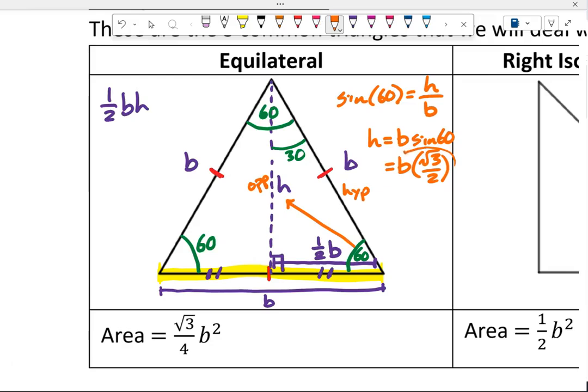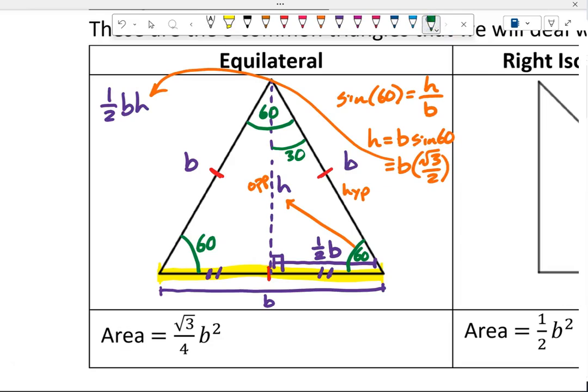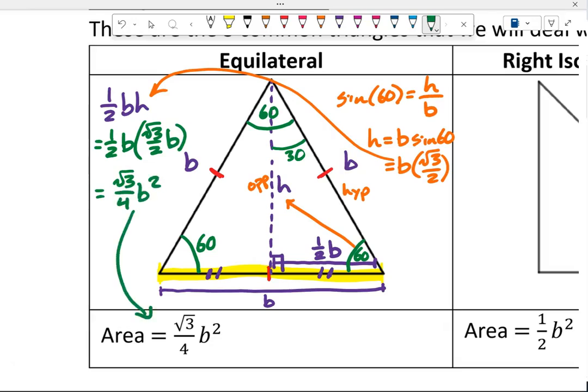So I am going to go ahead and use that now in my equation over here. So that means I am going to have 1/2 times the base. My height I am writing as rad 3 over 2 times the base. Well, if I multiply things together, that would be rad 3 over 4 b squared, which is what I have here.